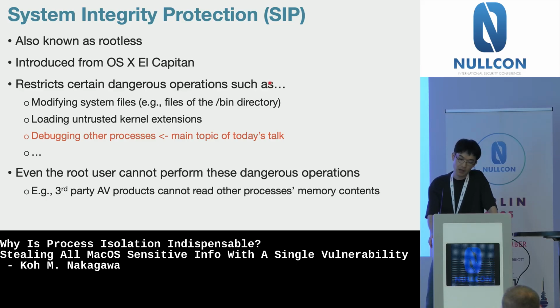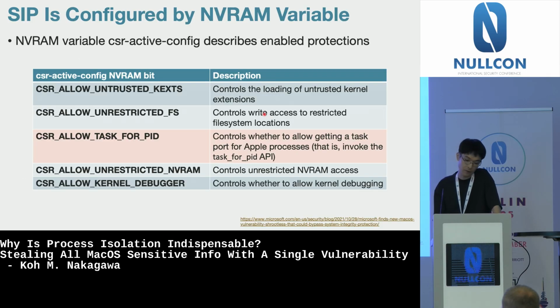Even processes running as root are not allowed to do these dangerous operations. If you're a Windows user, think of it like being unable to get a process handle even with admin rights. This means that, for example, third-party antivirus software cannot inspect the memory of other processes, even with root privileges. The fact that SIP restricts control over other processes is the main focus of this talk.